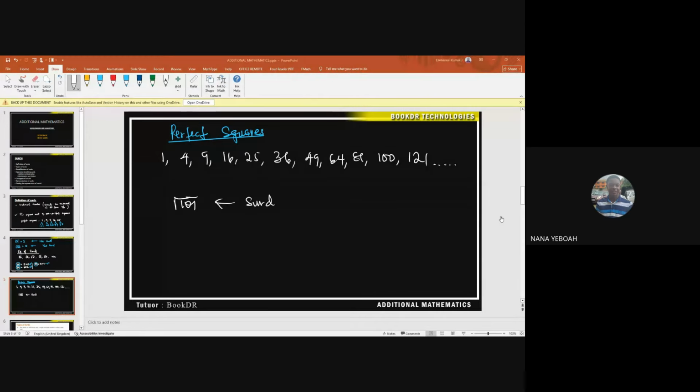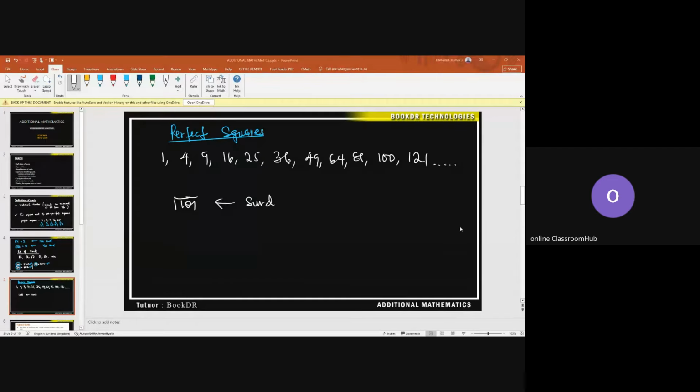Yes, sir. I also have a definition in my book that was taught. Okay, let's have a look at it. It was given as square roots or other roots that are not written as simple fractions. Okay, that cannot be expressed as a simple fraction, that's A over B. Good. So when the square root of any number cannot be expressed as a simple fraction A over B, then it is a surd. Good.